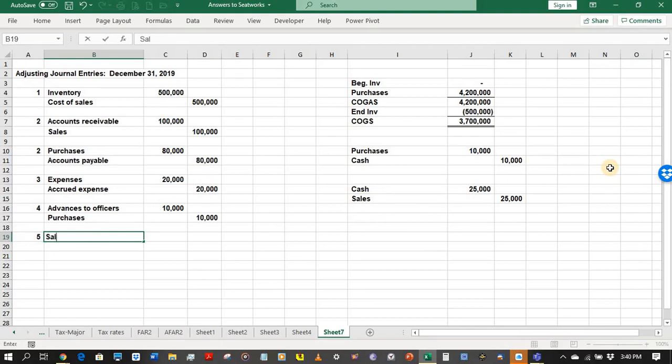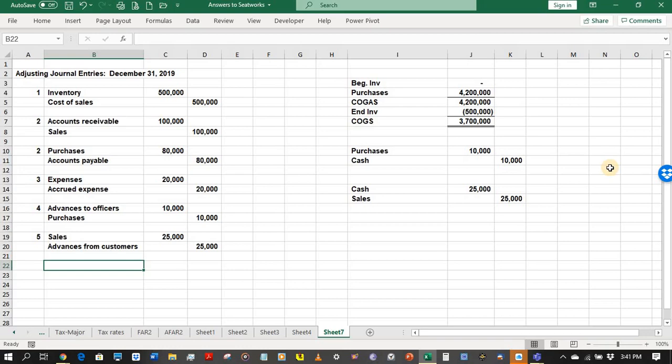So, tatanggalin natin yung credit niya na sales by debiting sales, 25,000 pesos. At dahil hindi pa yun nadi-deliver by December 31, 2020 kasi it is to be delivered in 2020, may liability tayo sa customer. So that is advances from customers. So, ang advances from customers na account is a liability account.